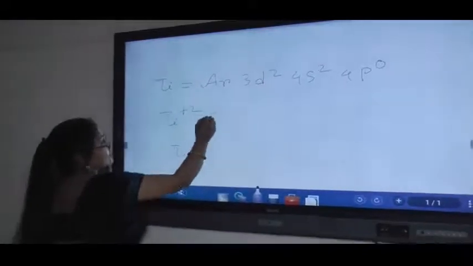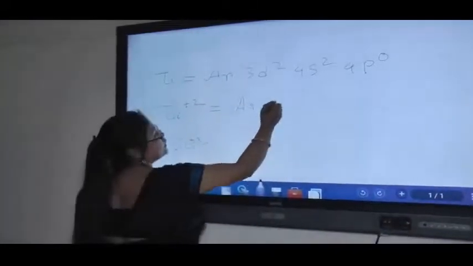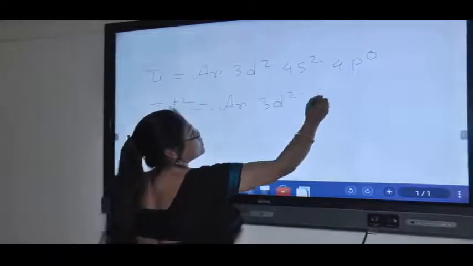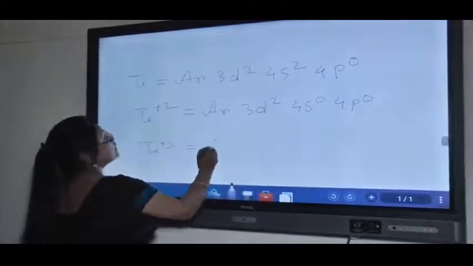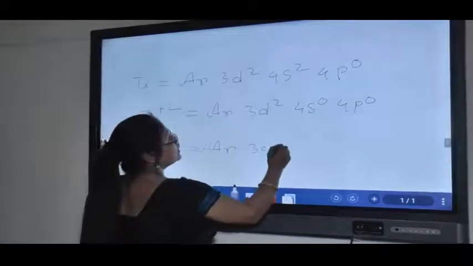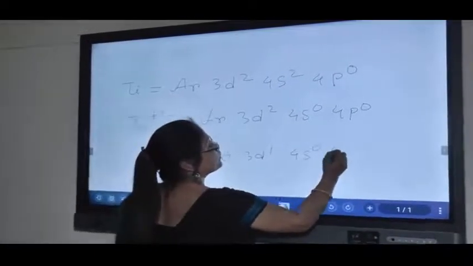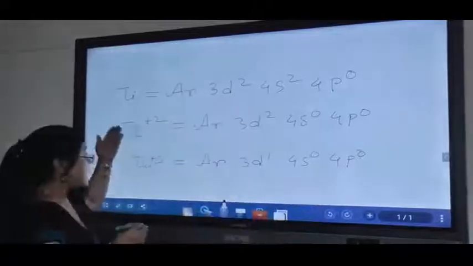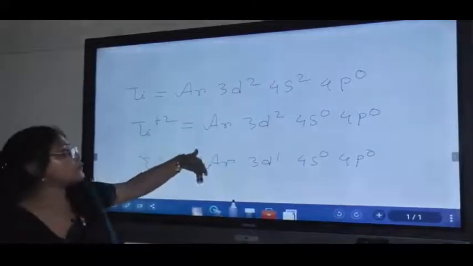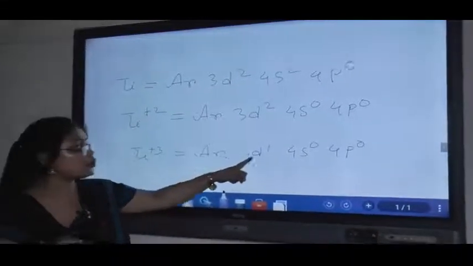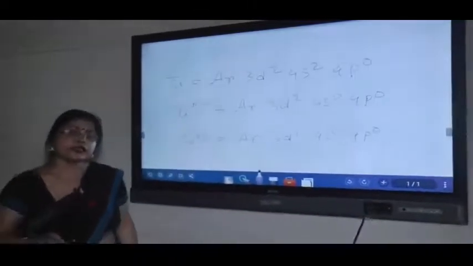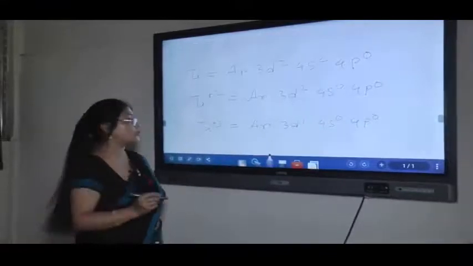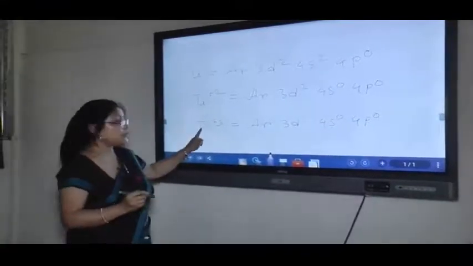Now you will find in +2 state there will be 2 d electrons, and in +3 state there will be only 1 d electron. The same element in two different oxidation states with two different d electron counts. Will they show similar color? Definitely not. Let us first take the +3 one.